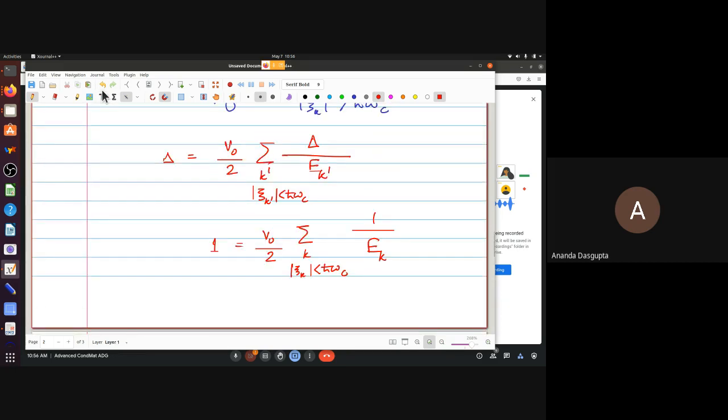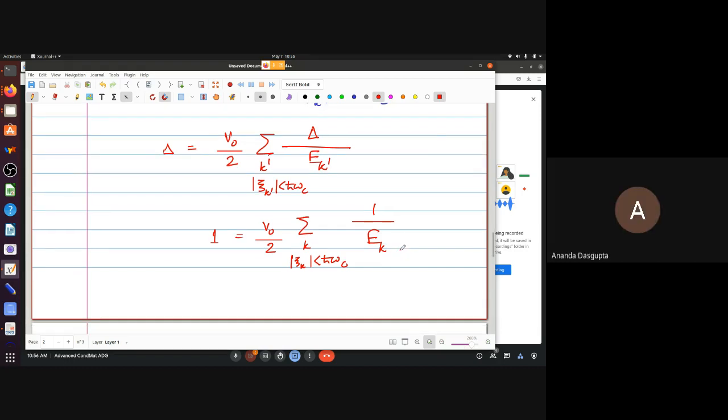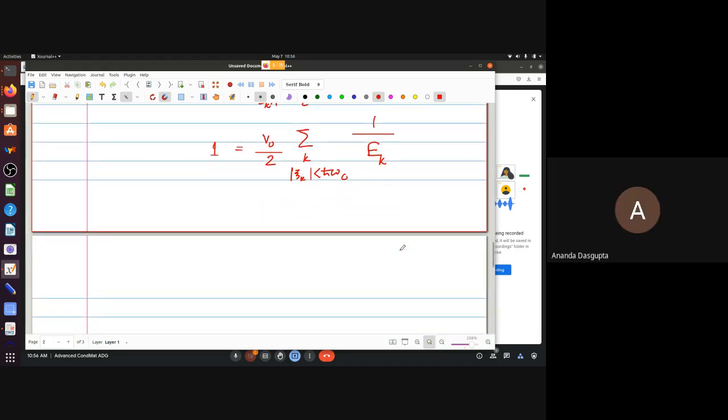Remember, our known quantities were V k k prime, which we have already used, and xi k is unknown, right? Ek sitting here is actually the square root of xi k square plus delta square. I am no longer calling it delta k prime square or delta k square simply because delta k is the same as delta, right? So basically, instead of writing this as a sum, what we always do is change it to an integral, which is V0 by 2 integral over xi.